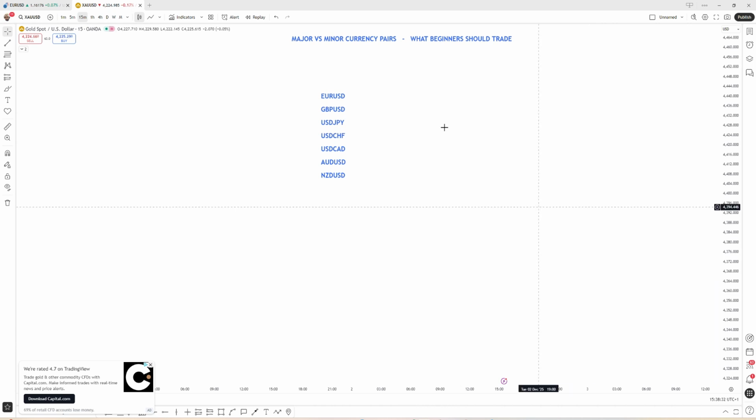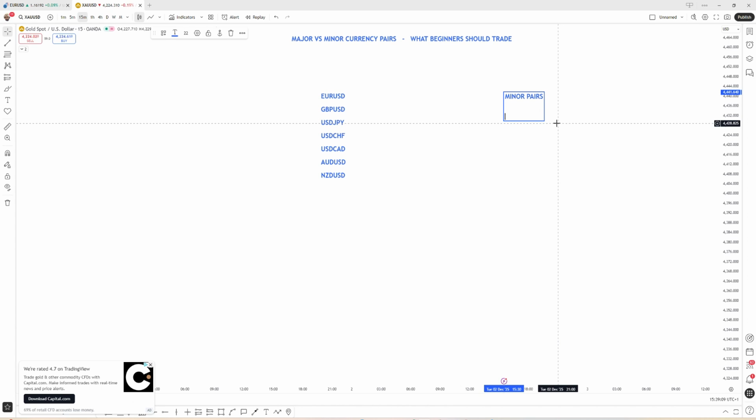We will now be looking at the minor pairs, also called crosses. These are the pairs that don't include the United States dollar. They are called minor pairs because they are not paired with the United States dollar.